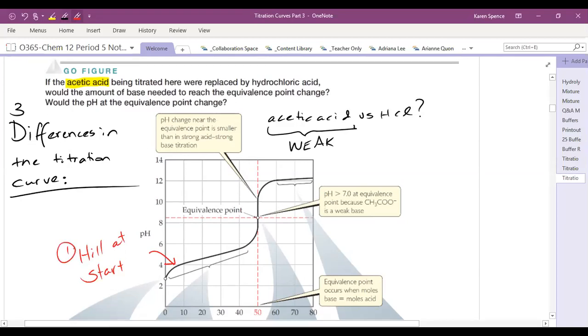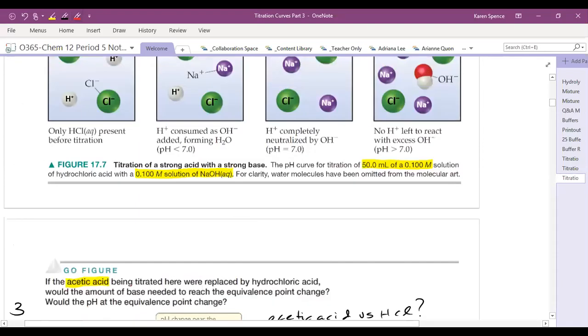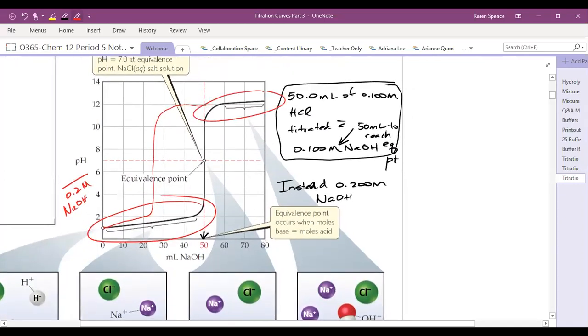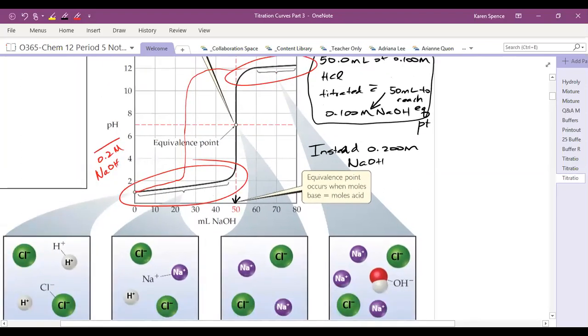Number 2, the equivalence point is greater than 7. We have a shallow slope, although we still get a shallow slope in the strong, strong as well. So if we scroll back here, you can see we have a shallow slope at the beginning and a shallow slope at the end, but take a look at that vertical portion of the curve.